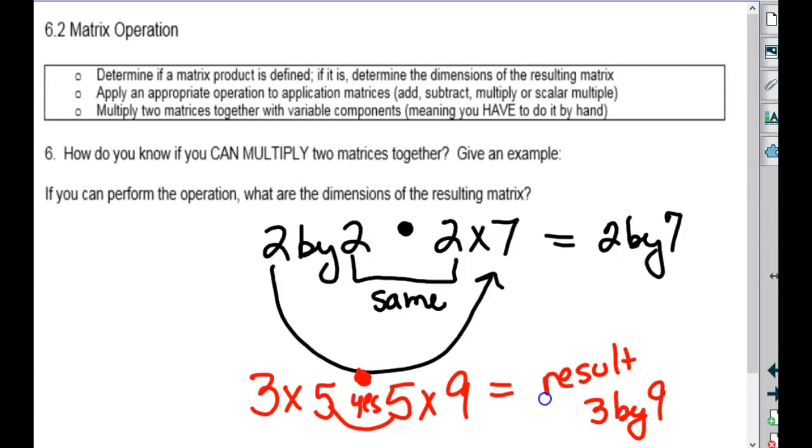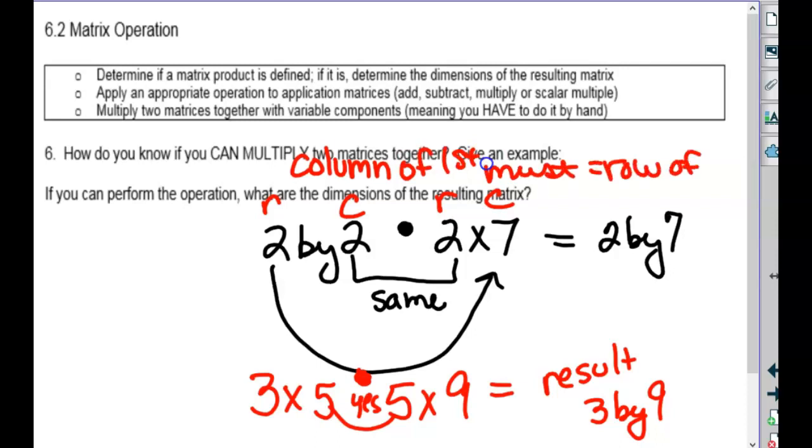If we had to answer this question on the quiz, how would we word it? This is rows by columns, rows by columns. So the column of the first must equal the row of the second.